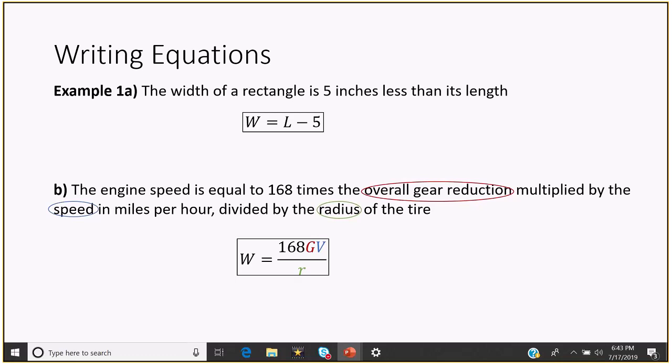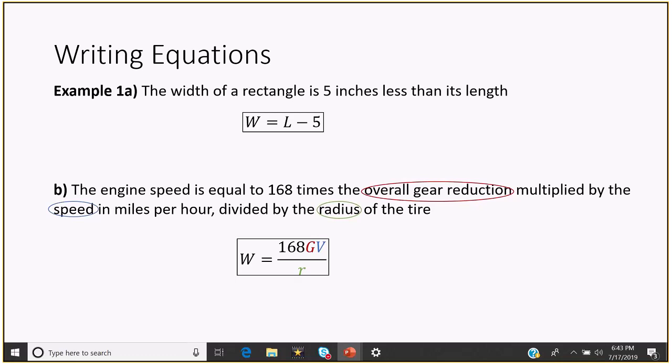So I'm going to just have this equation up front and talk about how I get there. So the engine speed, that's my W, that's my equal sign, 168 times my gear ratio multiplied by my speed, so 168 times GV, divided by the radius of the tire R. And it's nice that I have the ability to do this on my computer, but I did specify what my variables are by color coding.